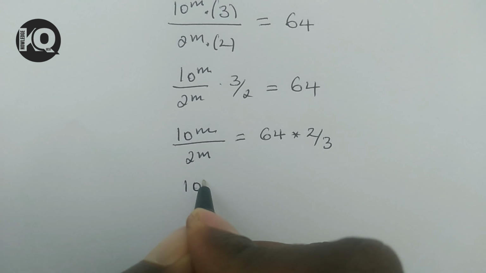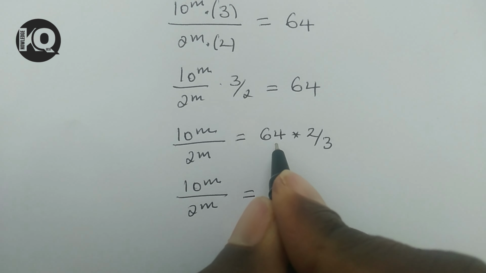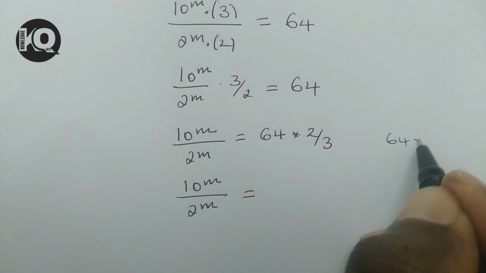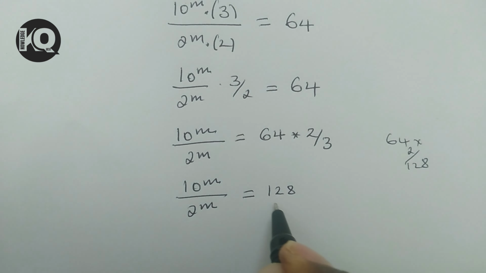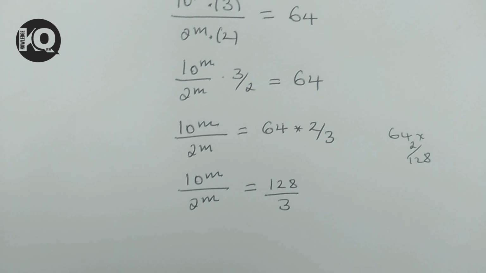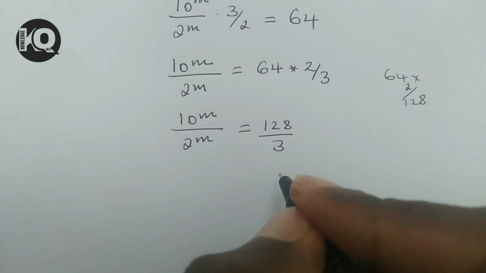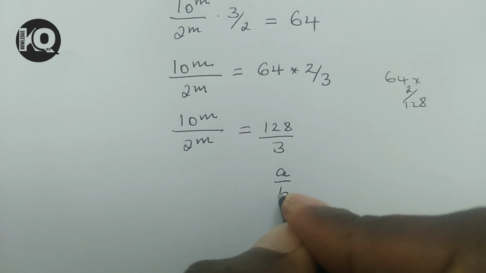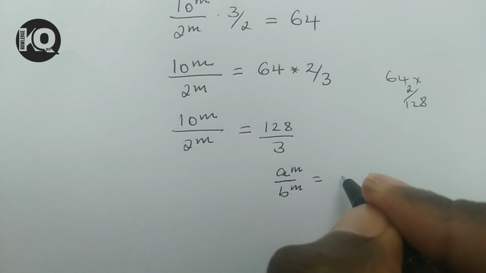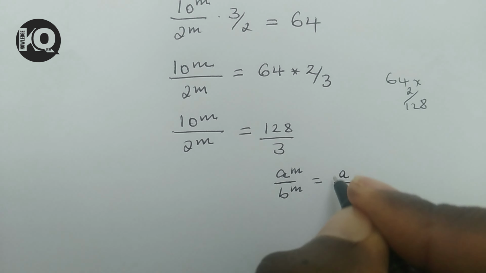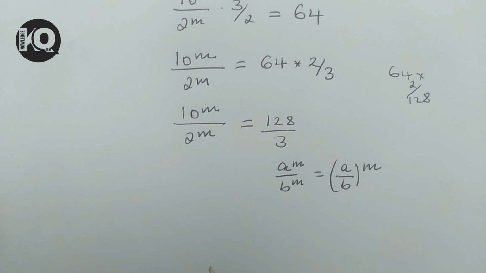Finally, 10 to the power of m divided by 2 to the power of m is equal to 64 times 2, which is 128, divided by 3. So we know that from the expression a over b, a to the power of m divided by b to the power of m can be expressed as a over b to the power of m, since they have the same exponent.